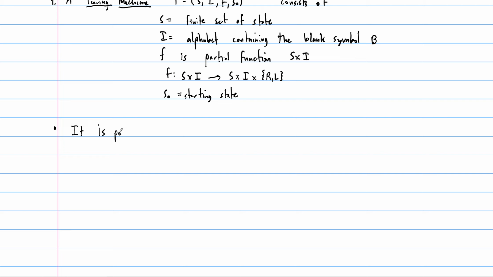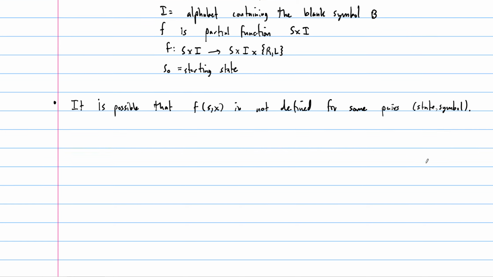So it is possible that f of (s, x) is not defined for some pairs that are made up of a state and then an input symbol. All right, the set, we'll call this maybe capital D, the set of L and R. This is called the directions set.